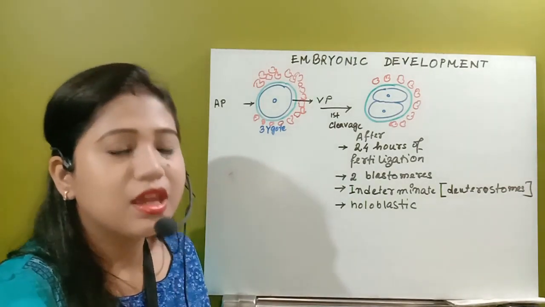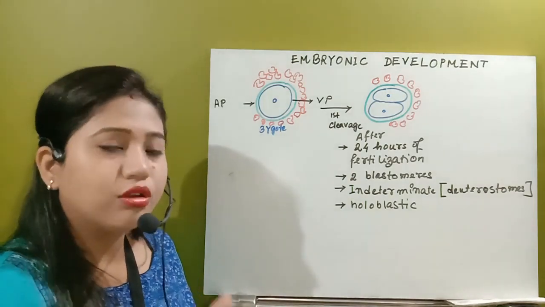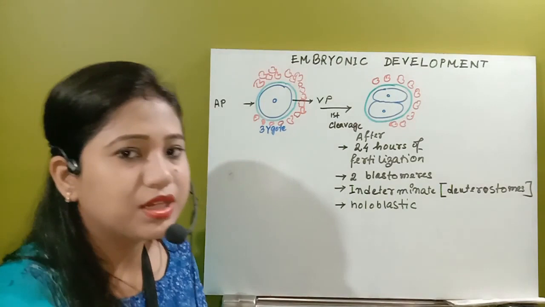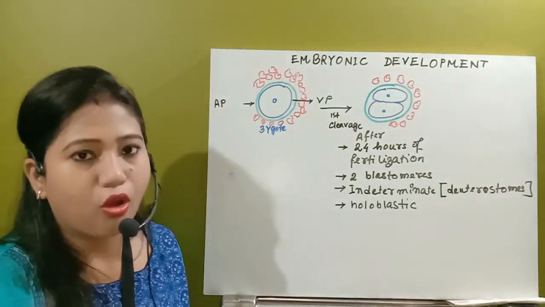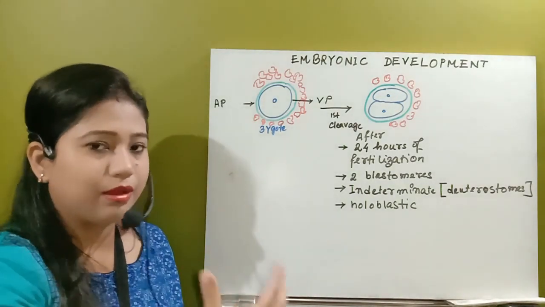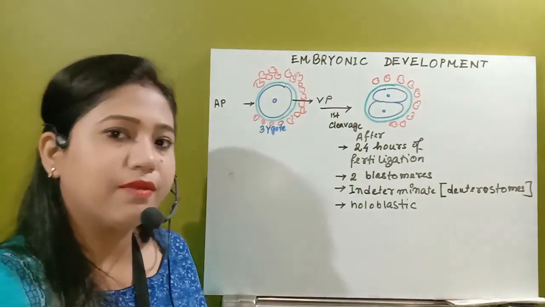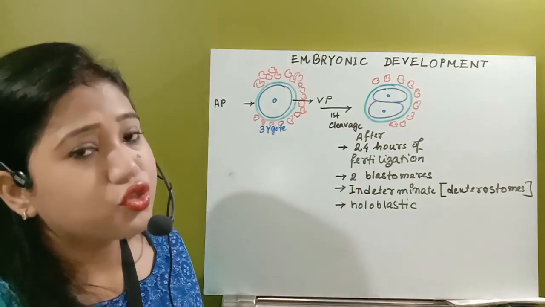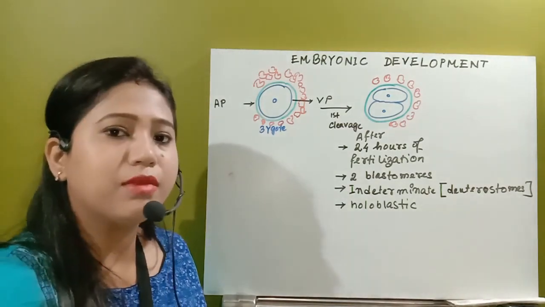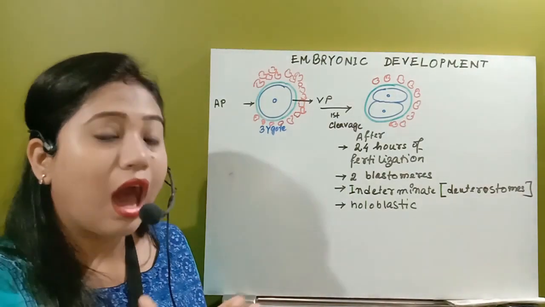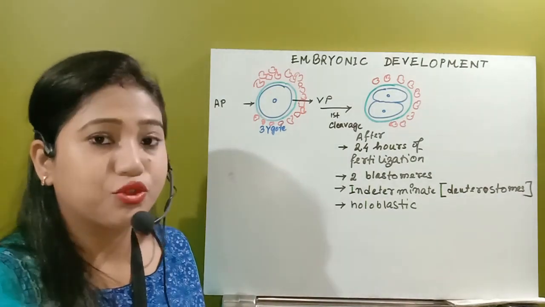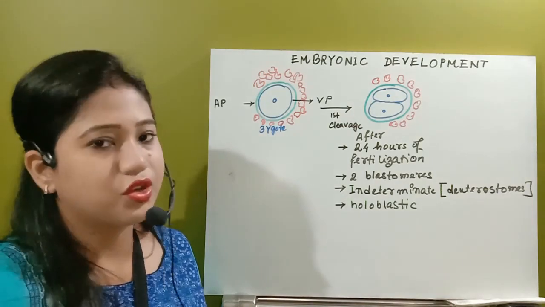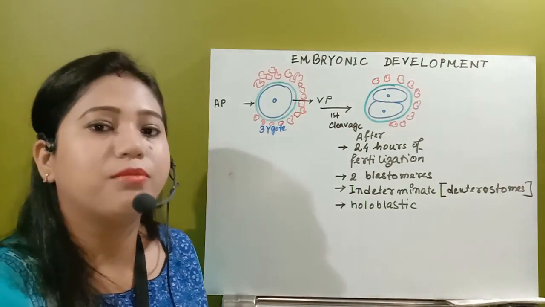Deuterostomic animal means that from the blastopore, that means in the embryonic development, first of all the anus is formed, and after that the mouth will be formed. But in case of protostomic animals, right from the porifera up to the mollusca, these organisms are protostomic. That means they first form the mouth and then they form the anus.